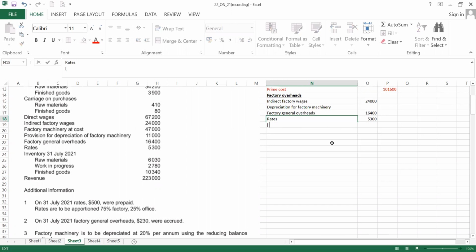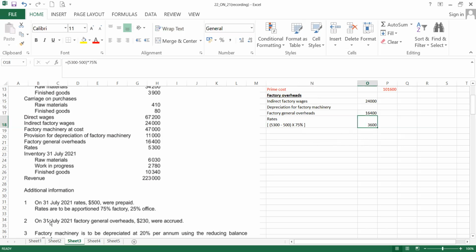Take the amount 5,300 minus 500, and the factory only takes 75%, so we times 75%. So we get 3,600 for the factory portion.